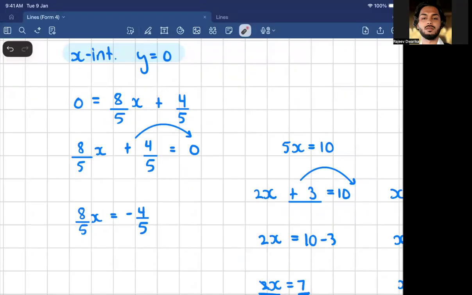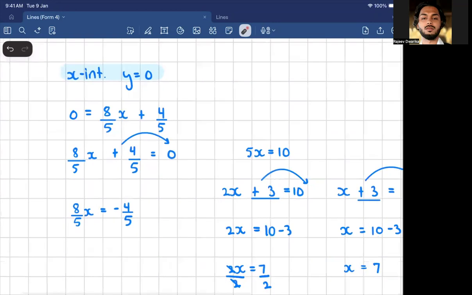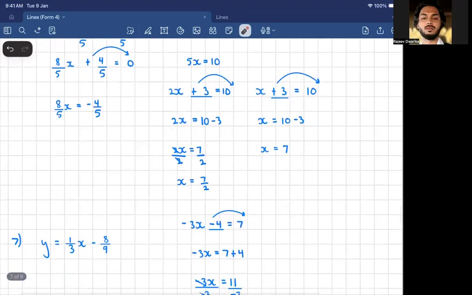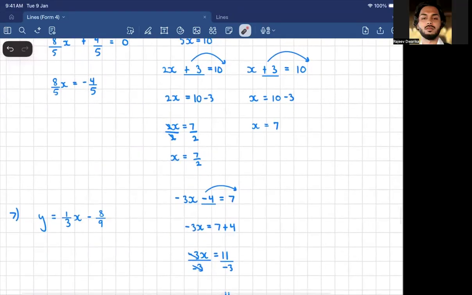Now, I get that the fractions look a bit intimidating, but it's really simple, I promise. It's the same steps we just did, right? Vanessa, let me know if you're there. Yes, sir. All right, so Vanessa, you understand all these examples perfectly fine, right?